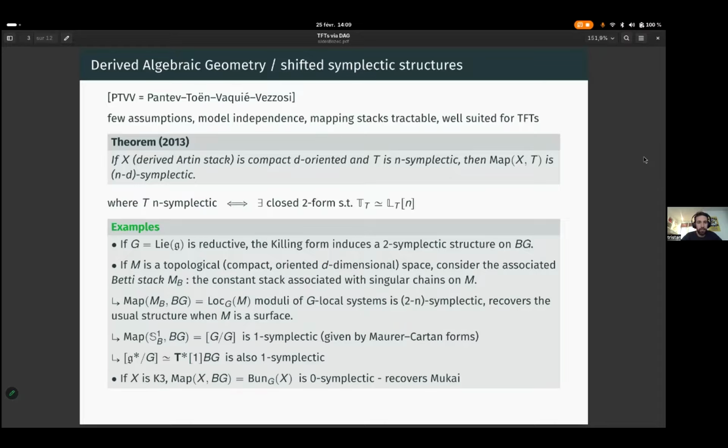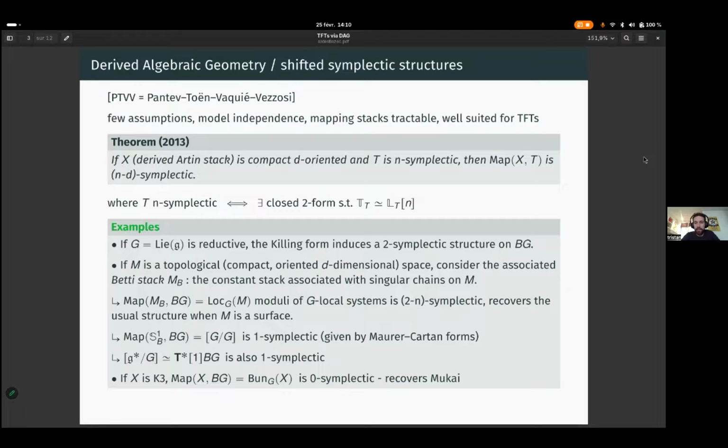The crucial theorem, established by Pantev, Toën, Vaquié and Vezzosi, is really the analog of the theorem I gave on the previous slide in a derived setting. Here X is still something compact and oriented in a good way. So it's going to be a derived Artin stack.